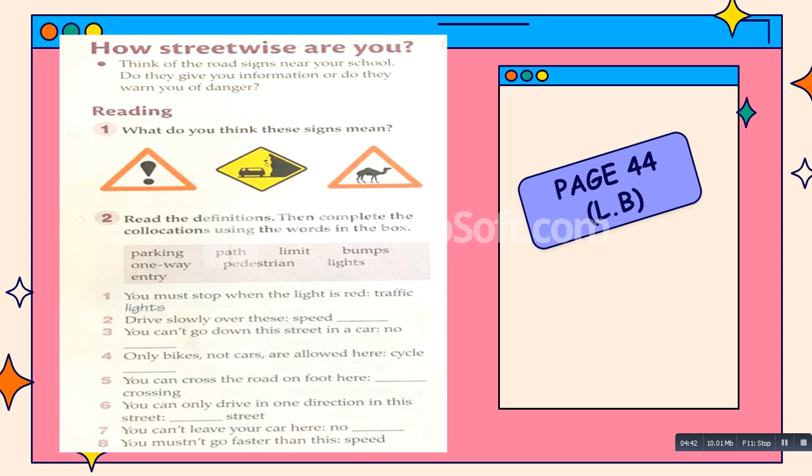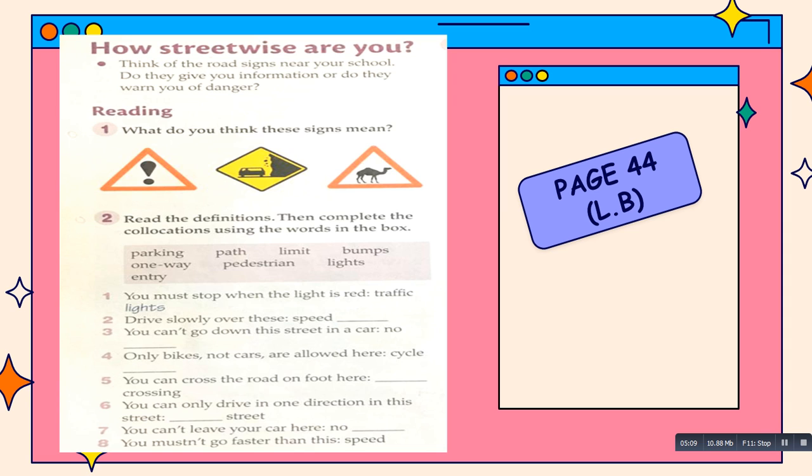First one, you must stop when the light is red. Traffic lights. Okay, so kids, you see the word traffic and lights, they go together. So likewise, you need to read all the other 7 phrases properly and complete the collocations with the proper word. Now see the second one.